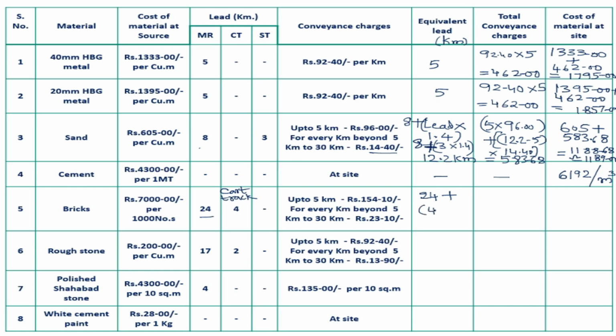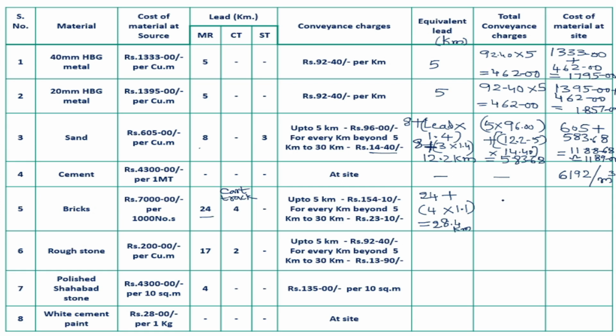While conveying the materials through the cart track, the lead can be increased by 10%. So we have to take the 1.1 factor. Equivalent lead is equal to 28.4 kilometers.